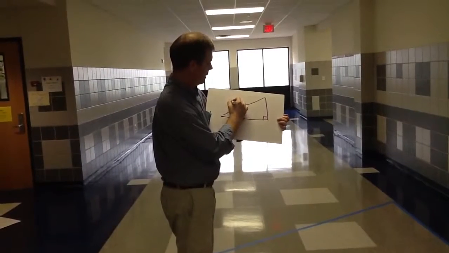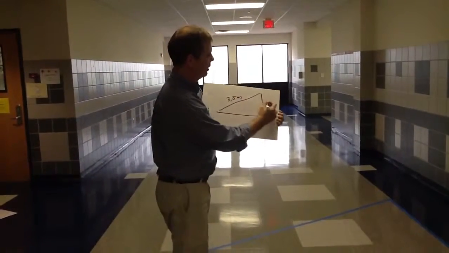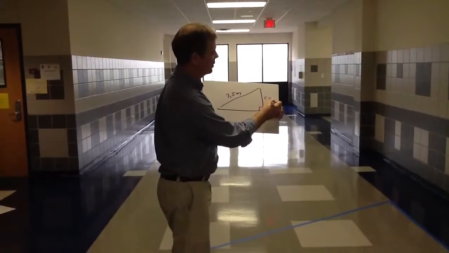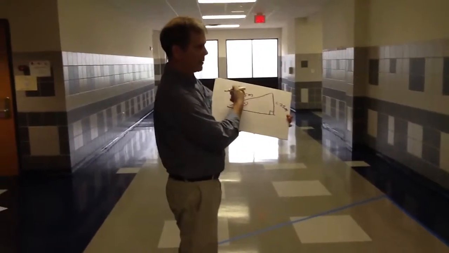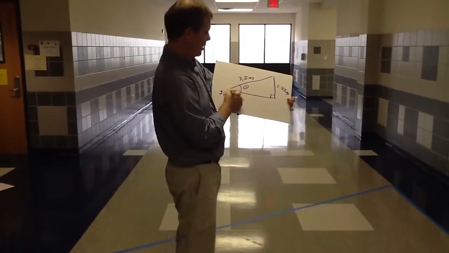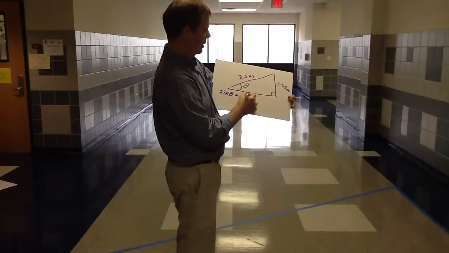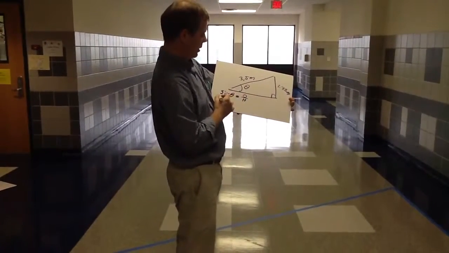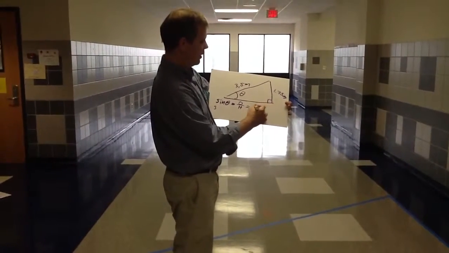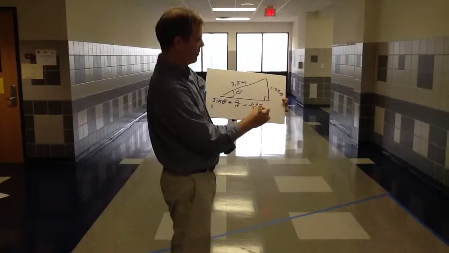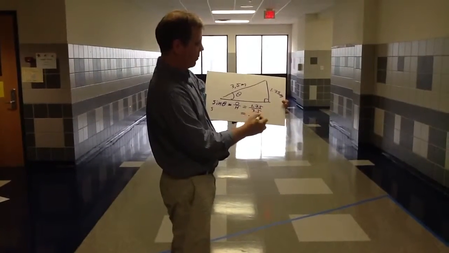that if this is 3.5 meters, this is 1.75 meters, and this is our angle theta, that's opposite, that's hypotenuse, so the sine of theta is opposite over hypotenuse, which equals, in our case, 1.75 divided by 3.5, which comes out to be 0.5.